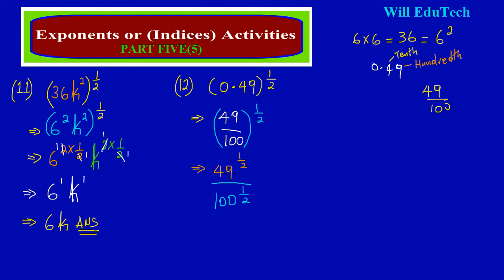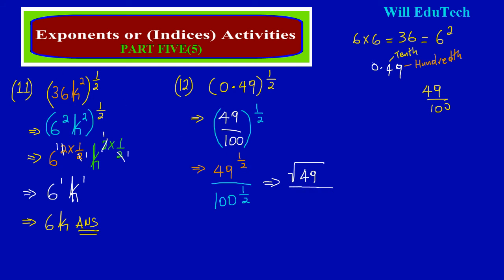Now we know that when a base is raised to a fraction, we can just simply use the fractional rule, so this is really saying I'm taking the square root of 49. If you're not sure about this, you could always check out the fractional rule on the properties of exponents, and it will explain this concept to you a lot clearer.